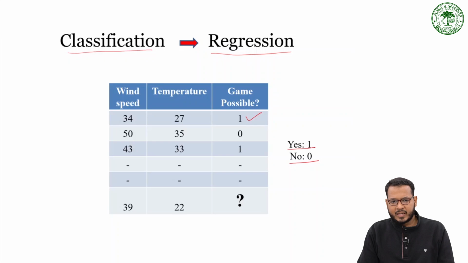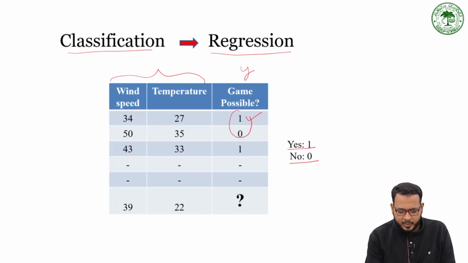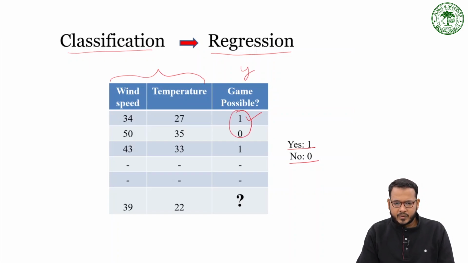Once done, we can in fact apply the linear regression algorithm because our data has become all numeric by now. So here we have two independent variables and one dependent variable which is numeric in nature. That's why we can apply the linear regression algorithm here.